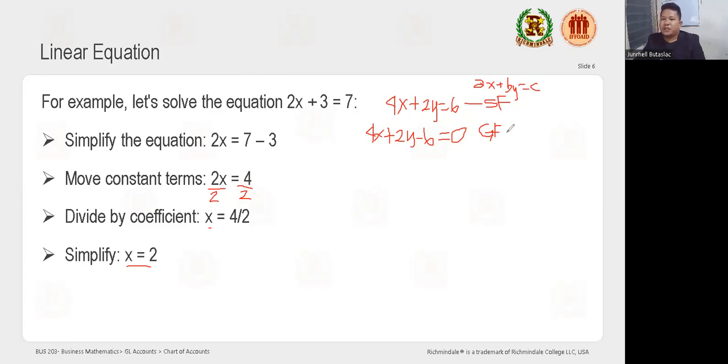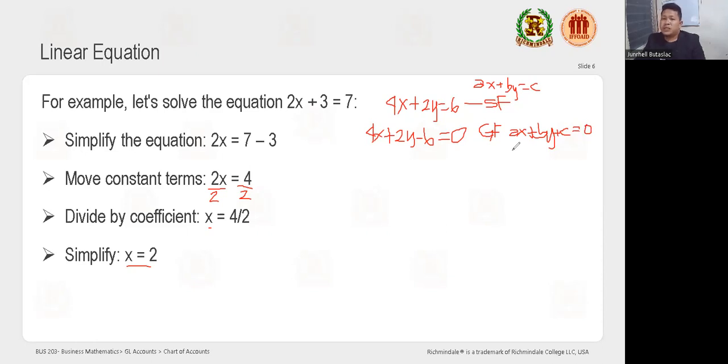So the formula for the general form is ax plus by plus c is equal to 0. All right. So that is the formula for general form.